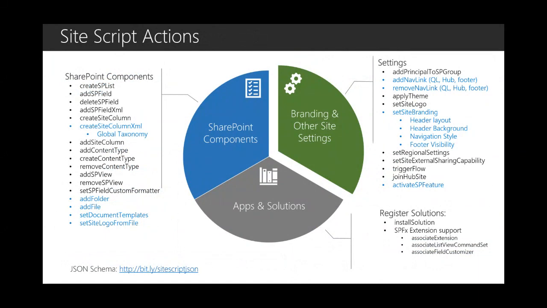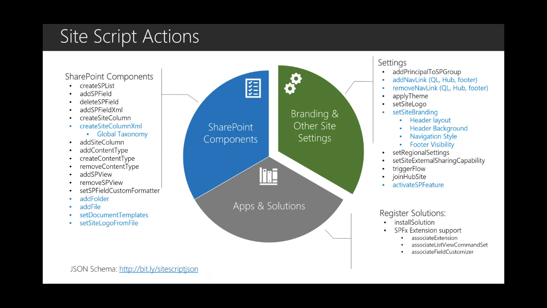And what can we do? This is changing. The link in here, and I'll show you what it is, is a JSON format schema that's out there that keeps track of what is available to us. And the stuff in blue is the newer functionality from the end of last year and this year.